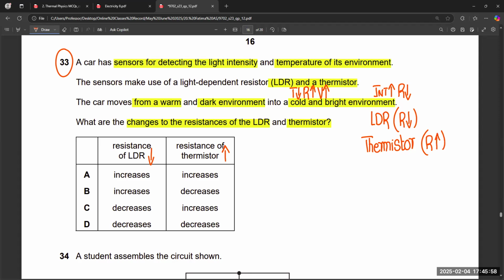So for the thermistor, resistance must increase because we are moving towards the cold environment. Increase and decrease. Option C.